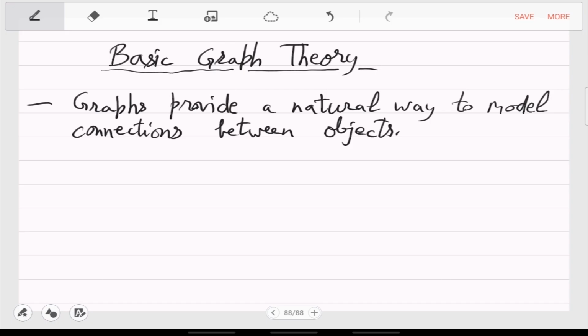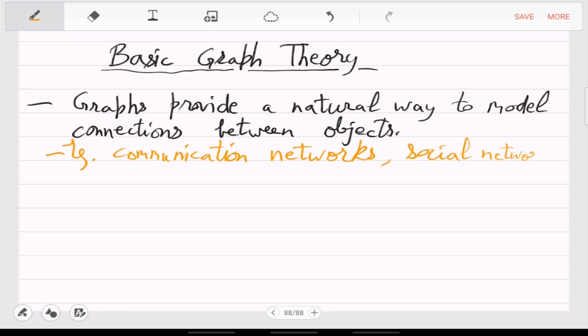For example, you will see that graphs appear in communication networks, social networks, and anywhere, for example, in transportation, and so on.